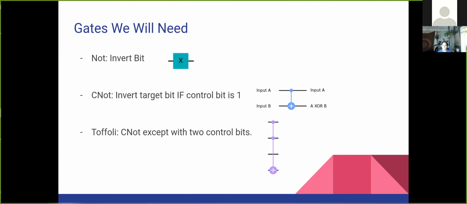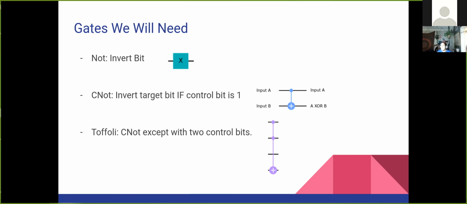If there's only 1 and not both, then it's cool, but if there's both, then we don't want it. So if input A is 1, then input B, having been 1, will be 0, and we get an evaluation of false, because it's exclusively ORing those 2 bits.